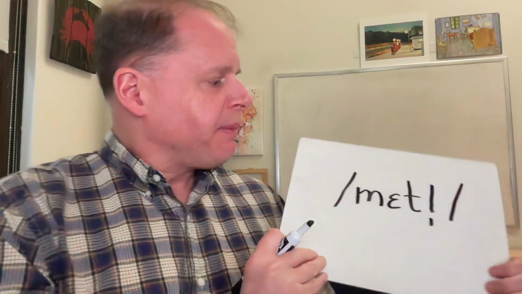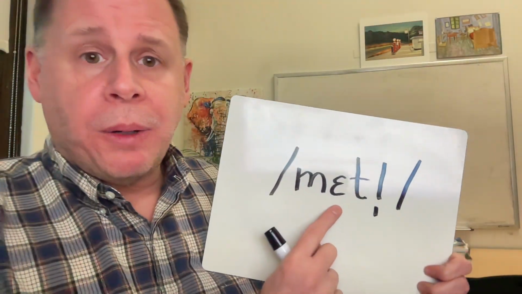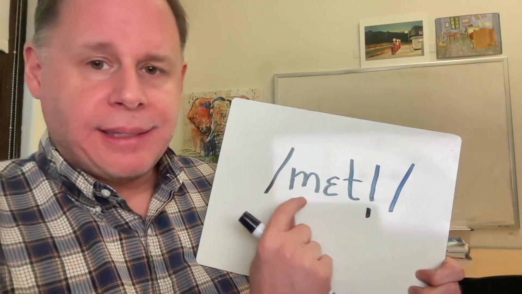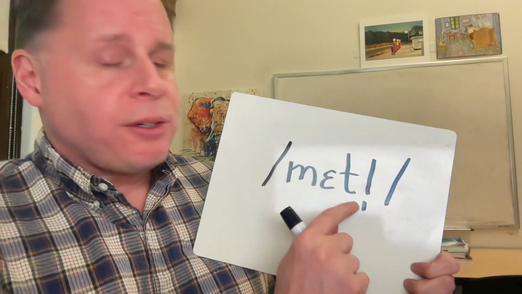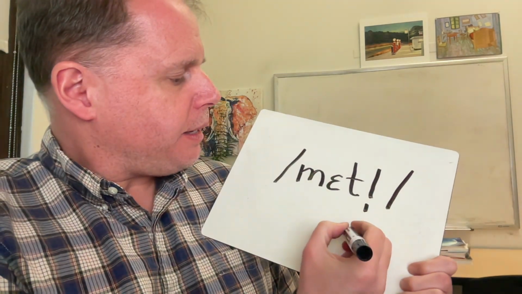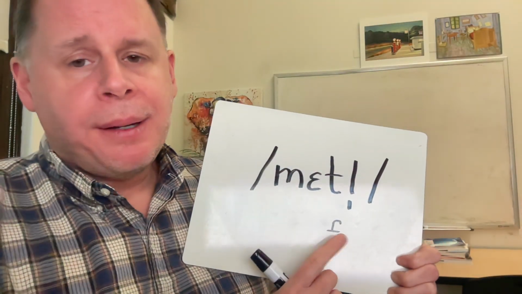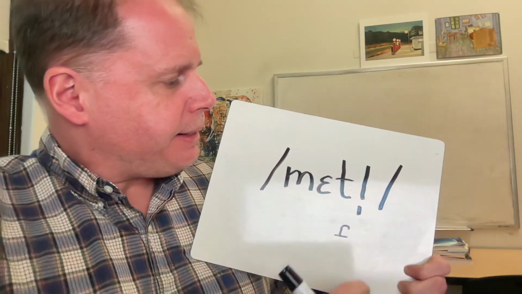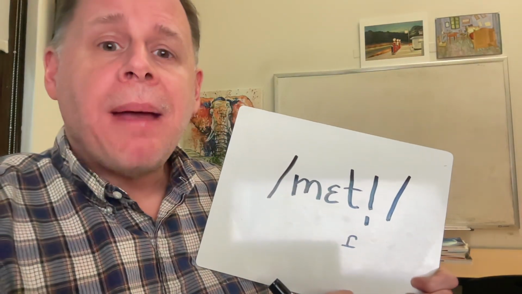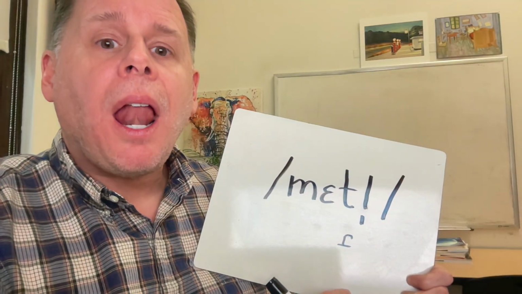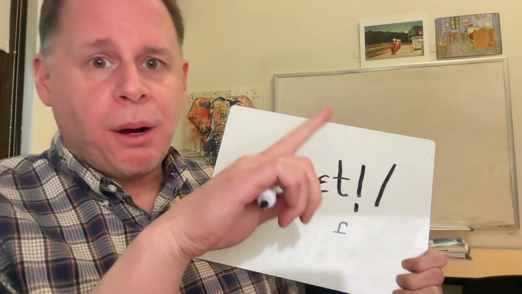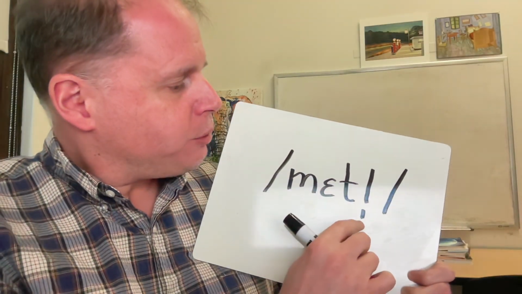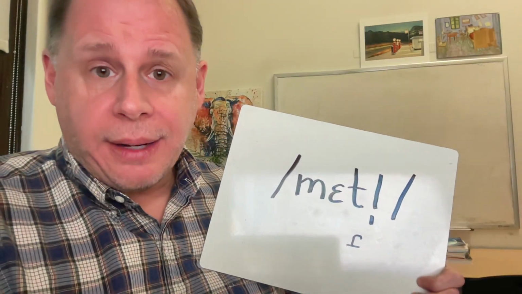Okay, we've got the vowel here was epsilon, eh. Notice it's the same size, same height as other lowercase letters. I used a lowercase t. It was certainly pronounced with an alveolar tap, but I'm not going to be super picky about those allophones. And then it was a syllabic L, metal. So my tongue didn't release and then go back up for the l. It stayed in place and just let some air off the sides. So we need that syllabic diacritic.